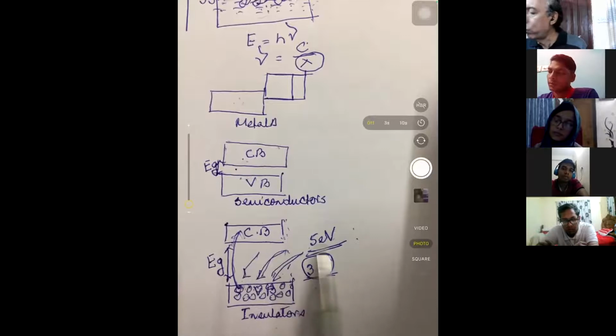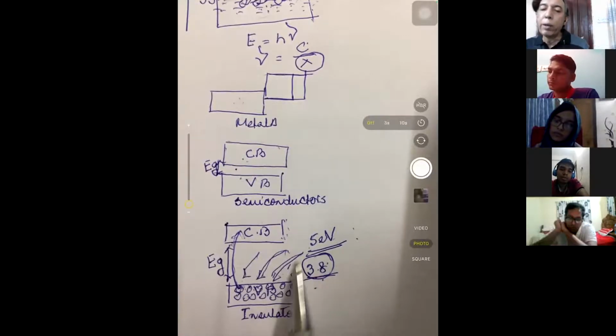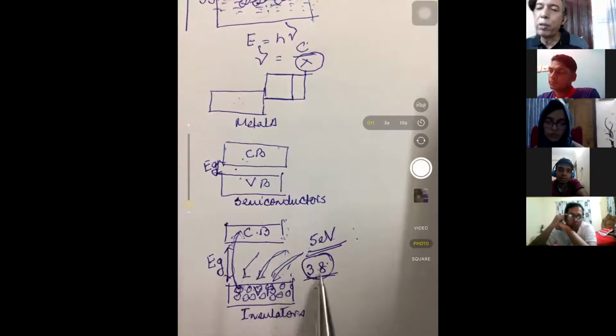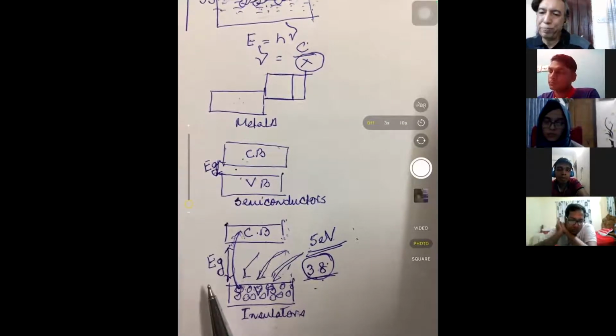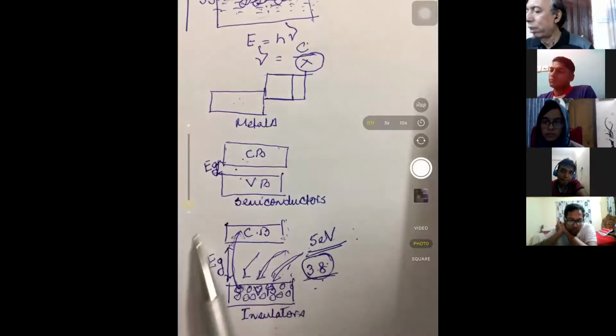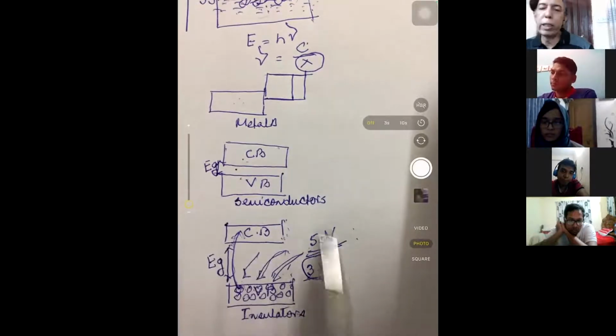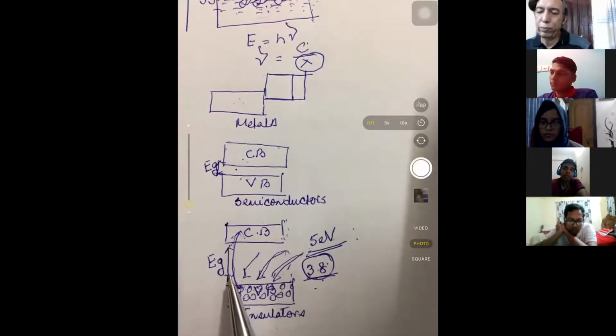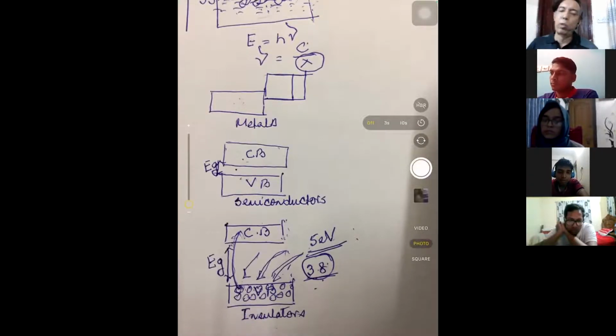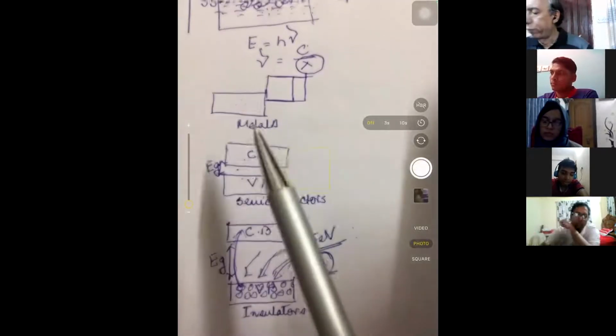It's about 5 electron volt, and the energy of the light of visible region is about 3.8 electron volt. So the insulators cannot absorb the light. It's somewhat transparent, but there are other factors also. We will look at it later.